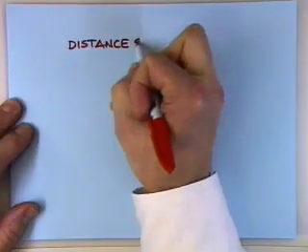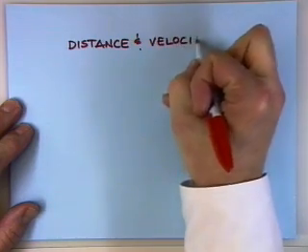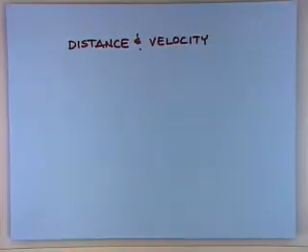The last piece of Chapter 2, Section 1 talks about the relationship between distance and velocity. Let me just make up a problem.